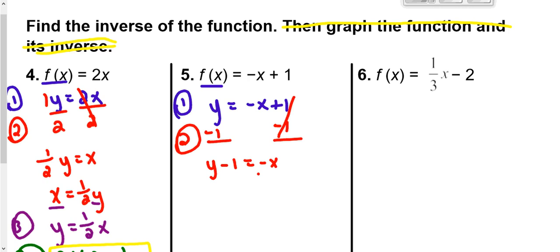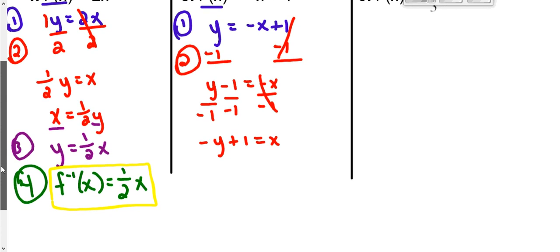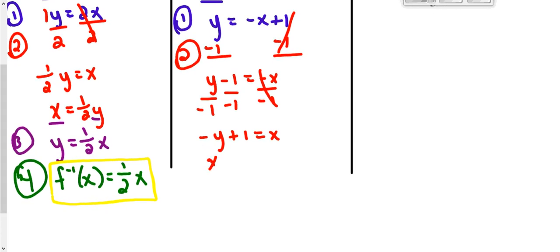So we're going to divide both sides by negative 1. Divide everything by negative 1 to get rid of that negative in front of the x. That's going to cancel. Y divided by negative 1 is negative y. Negative 1 divided by negative 1 is positive 1 equals x. And don't forget to flip that around. So x equals negative y plus 1.